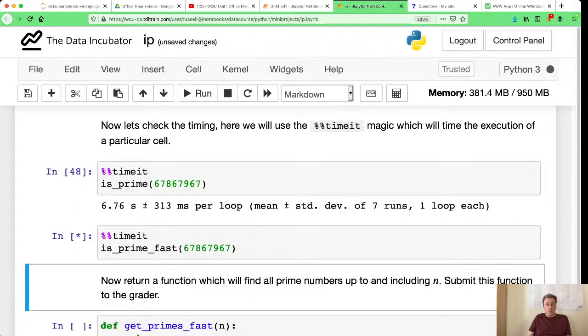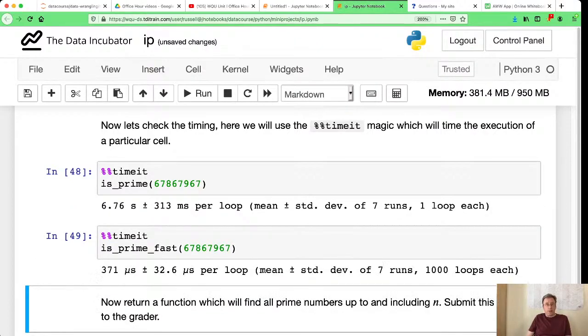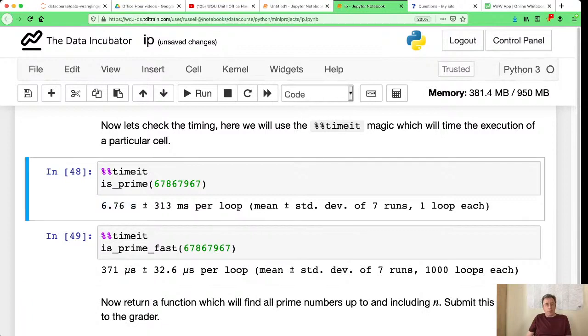So this on average takes 6.76 seconds, about 6 3/4 of a second. This takes 371 microseconds. We shall get to the VC mini project likely later in the week. We have time.